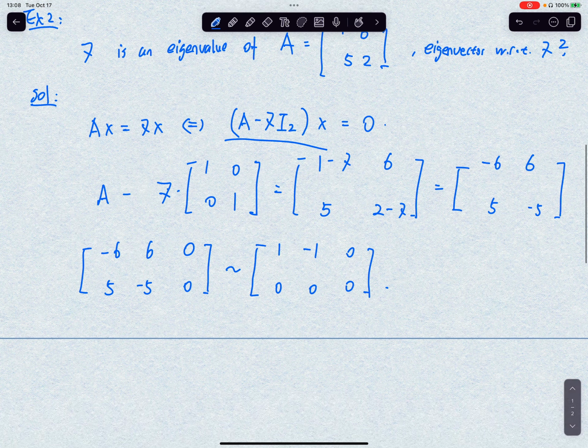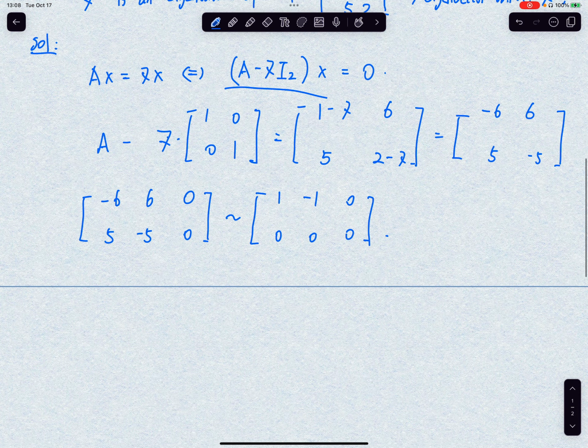So the general solution has the form x2 times (1, 1), since we have x1 equals x2. Each vector of this form with x2 non-vanishing is an eigenvector corresponding to lambda equals 7. So this is the general solution.